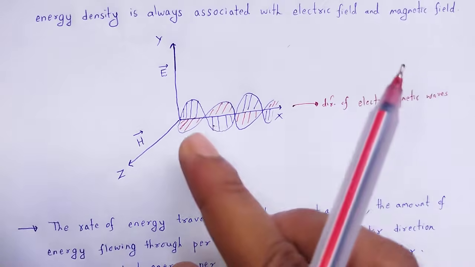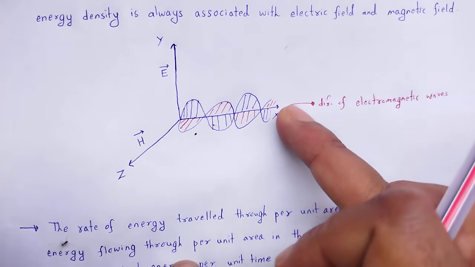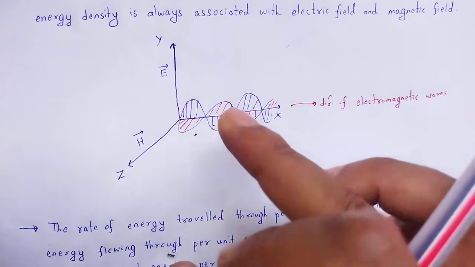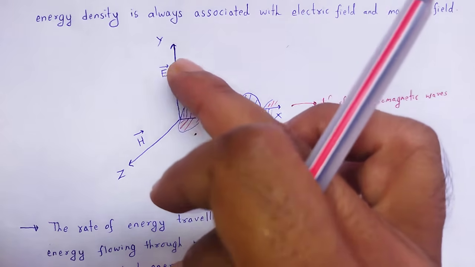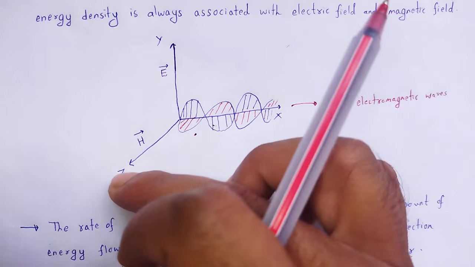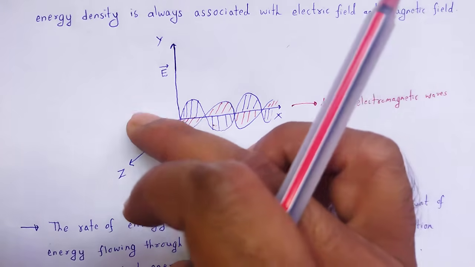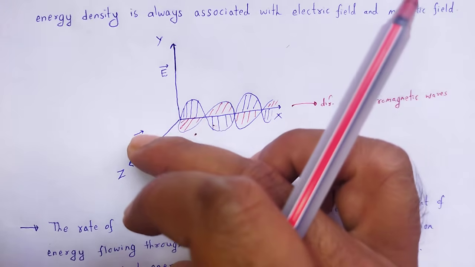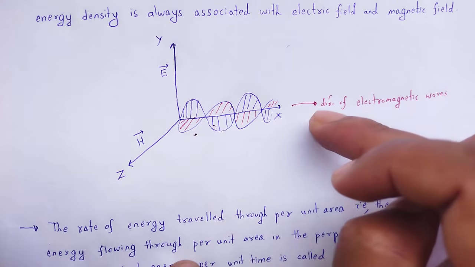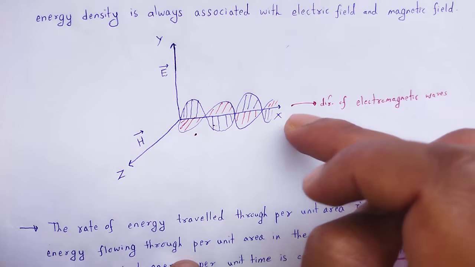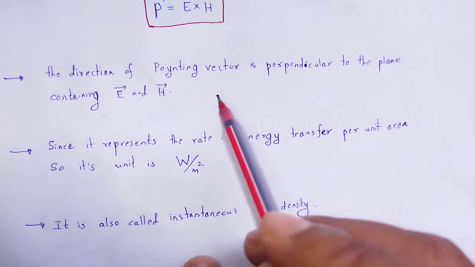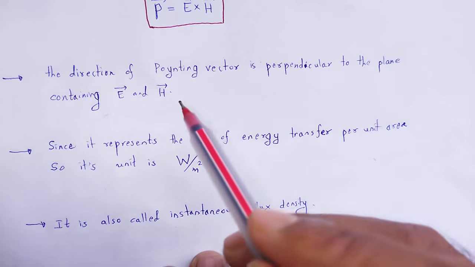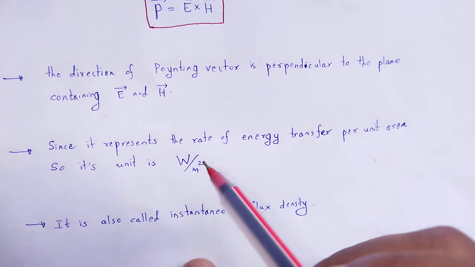So, the direction of Poynting vector is along the x direction, when the y direction represents the electric field and the z direction the magnetic field. Therefore, the Poynting vector is along the x direction. The direction of Poynting vector is perpendicular to the plane containing E vector and H vector.